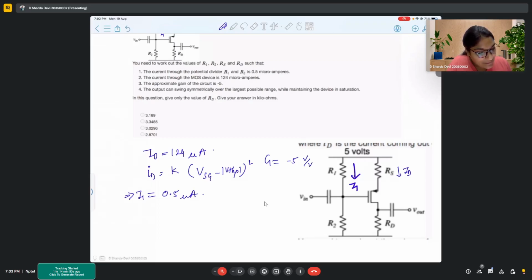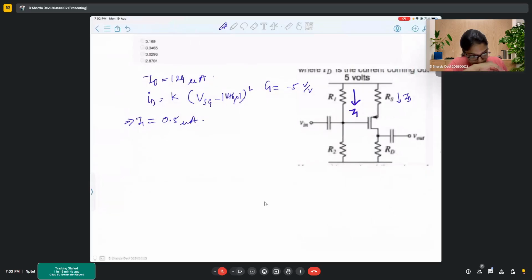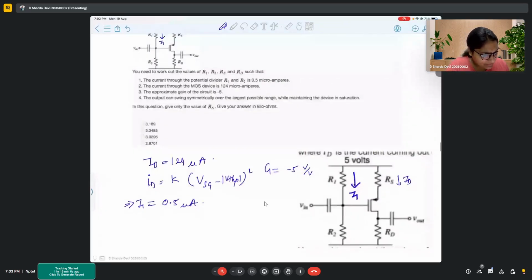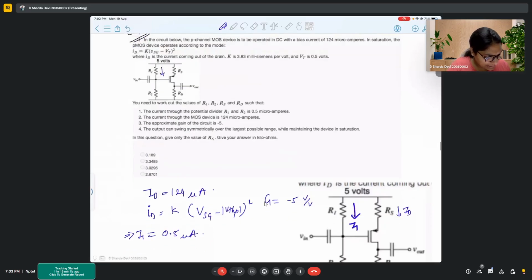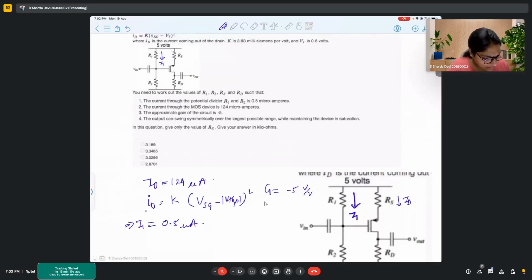And the output can swing symmetrically over the largest possible range while maintaining the device in saturation. Okay, so these are the things given, and K is given. K is 3.83 millisiemens per volt.